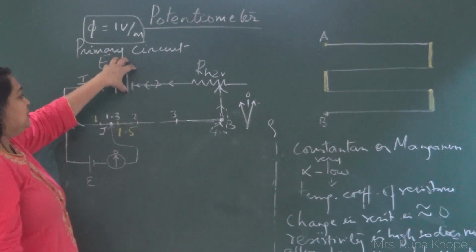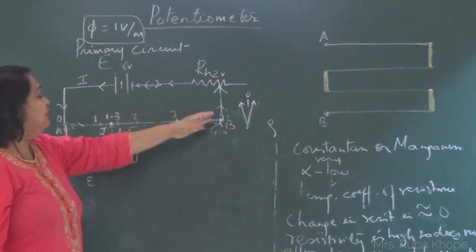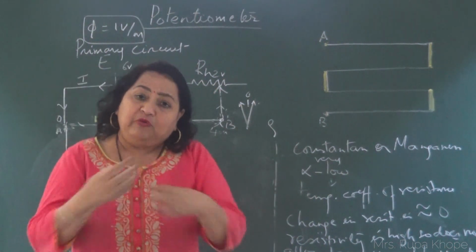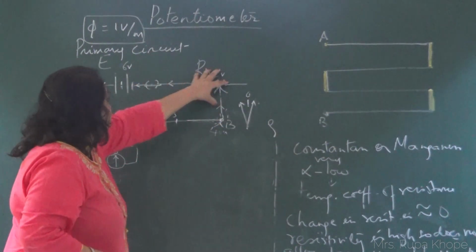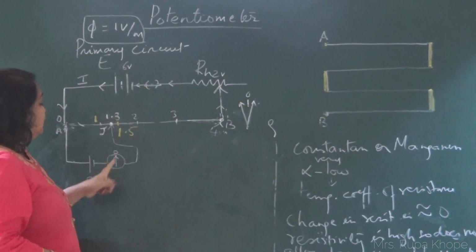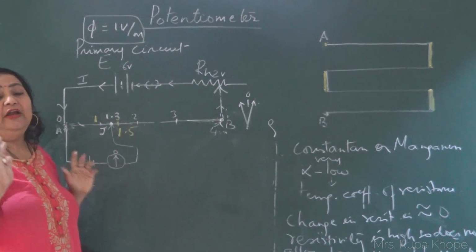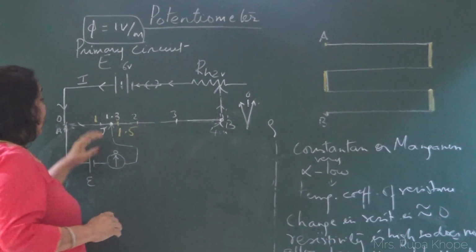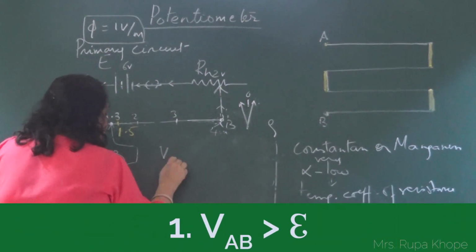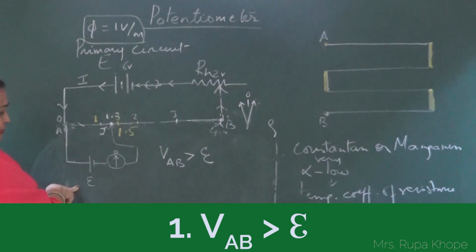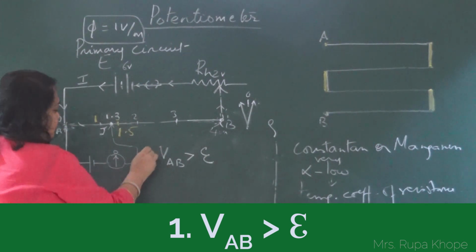Suppose I keep it 6 volts, and the resistors of the wire and the resistor used at the position lose the whole voltage there, so that the voltage from here to here becomes less than 1.3 volts. Then we will not get the null point, we will not get the reading. Therefore, VAB should be greater than the cell EMF. This is the first condition.